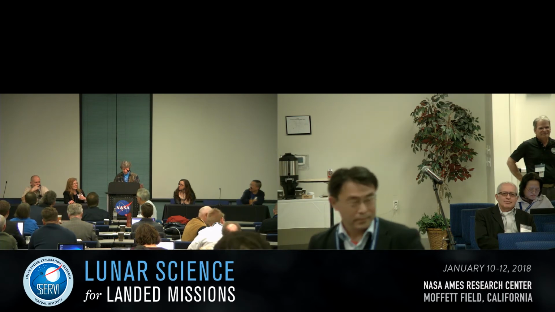I have a question. Okay. Can I ask a question for Mr. Lee? Okay, sure. One last question. Then I have a comment. I didn't understand your comment that the overturn rate at Mercury is very slow compared with the Moon, because the impact flux is much higher at Mercury.